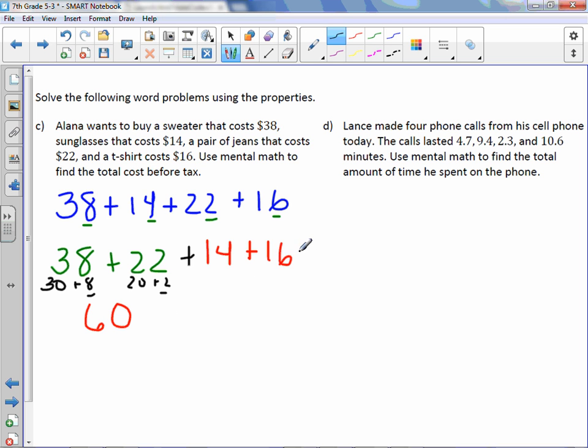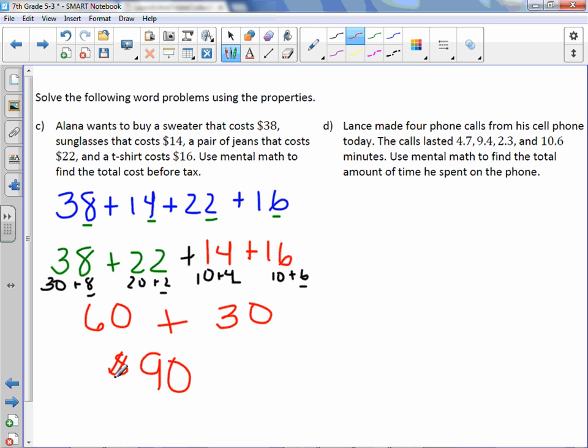So let's do the same over here. 14 plus 16. Again, the 14, if we think in our head, is really 10 plus 4. And the 16 is really 10 plus 6. We can group the 4 and 6 together to make 10. So it's really 10 plus 10 plus 10, or 30. And then 30 plus 60 is 90.